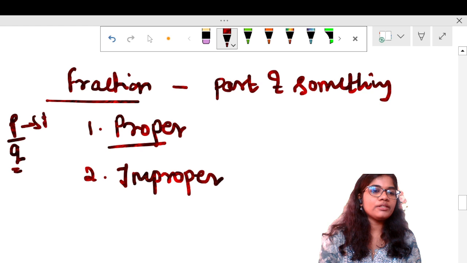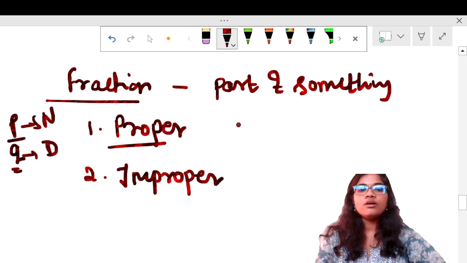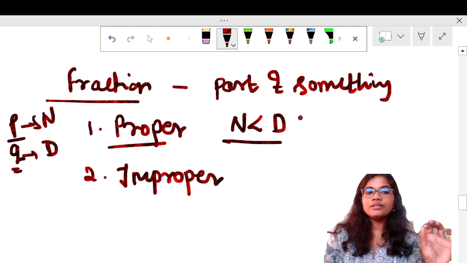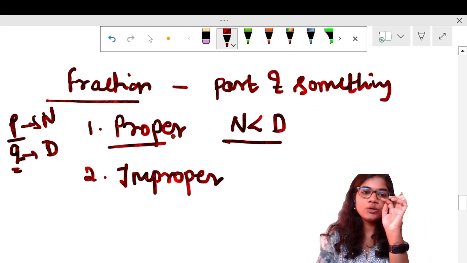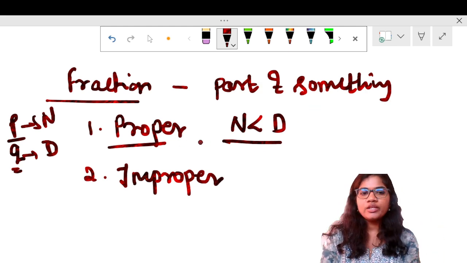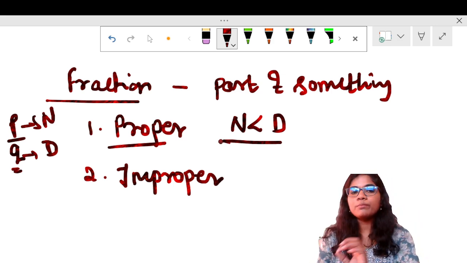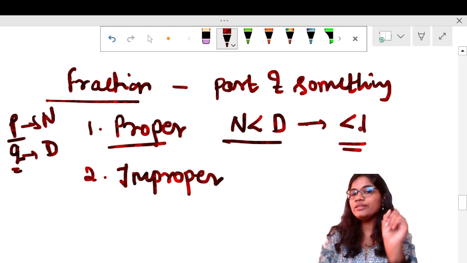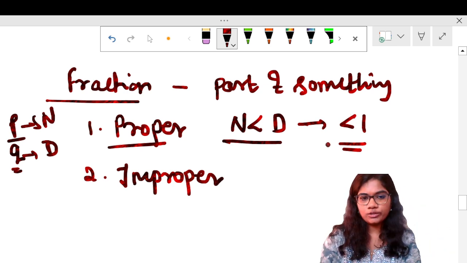So P is the numerator and Q is the denominator. When the numerator is less than the denominator, that fraction is called a proper fraction. And if you convert that proper fraction into a decimal number, you can see that the value is less than 1. That's why we call it a proper fraction.